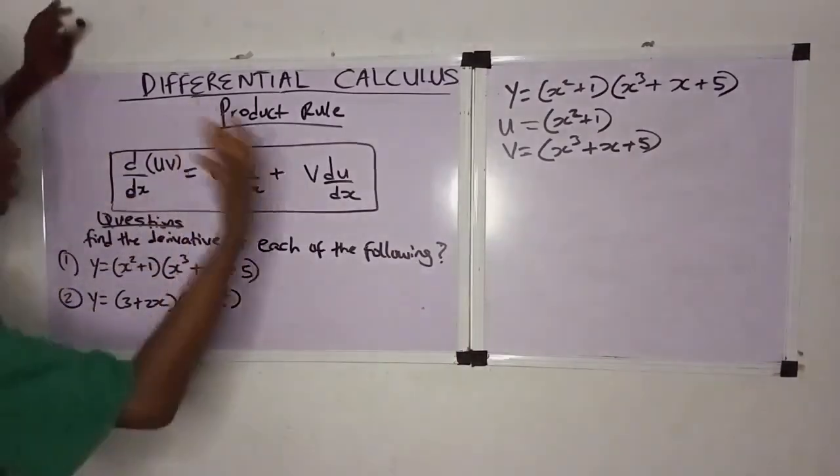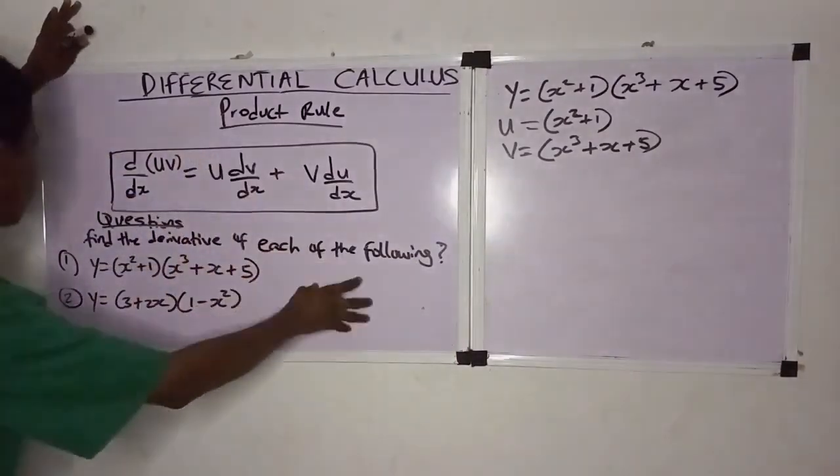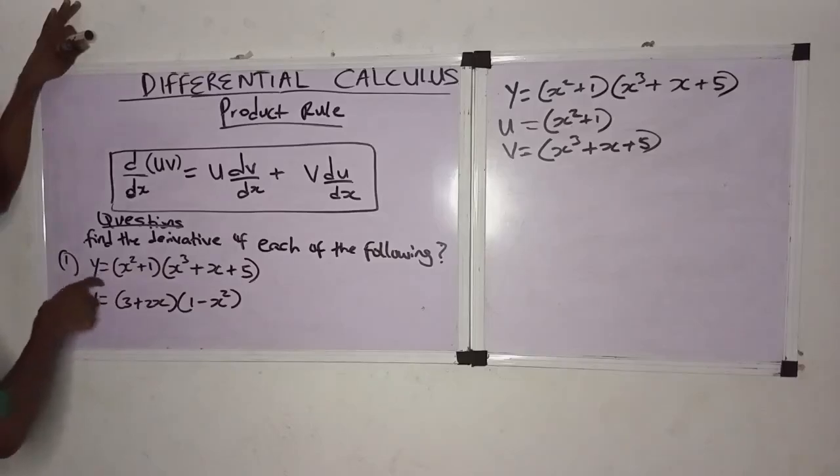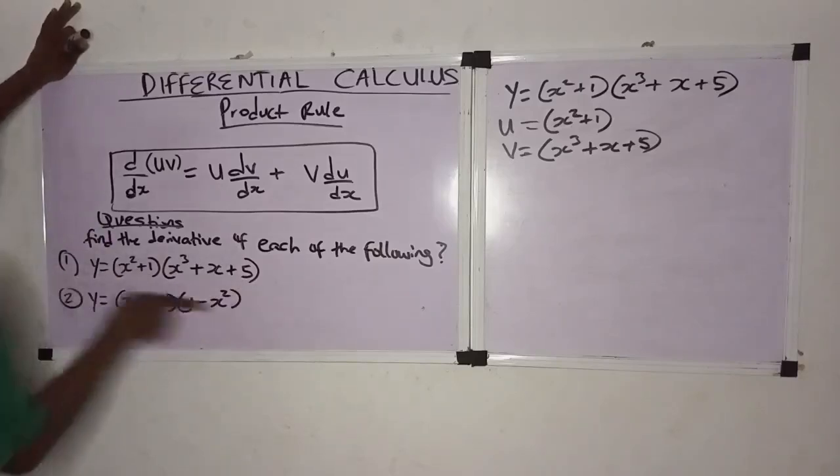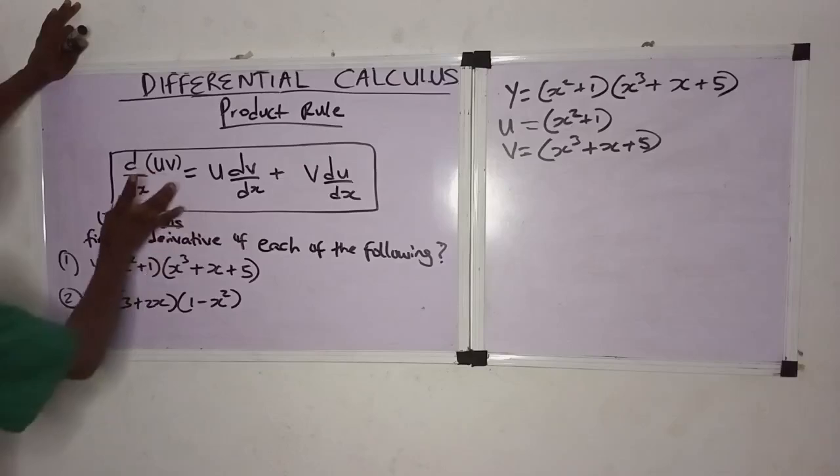The next thing we are going to do is bring out the formula. They said we should find the derivative of each of the following, so we should find the derivative of y.